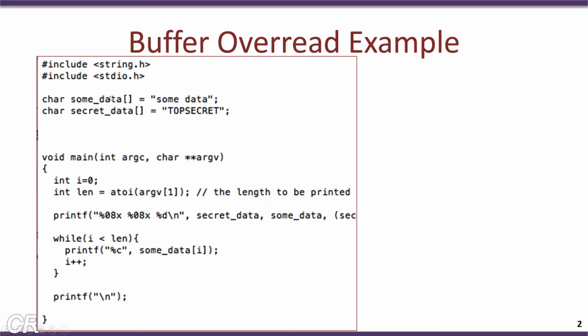This program defines two global arrays. One is known as some data, which is initialized to some arbitrary string, and another array, secret data, which is initialized to top secret. Now in the main function, there is a len defined, which is obtained from the command line argument.